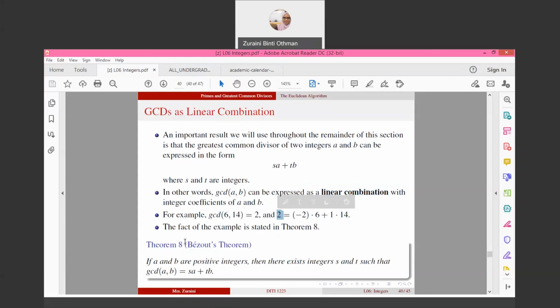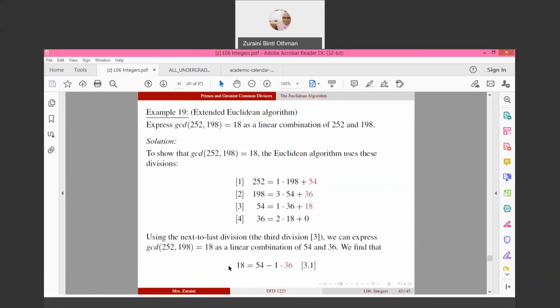Okay. Kat sini theorem 8, Bezout's theorem. Here, positive integers a and b, there exist integers s and t such that GCD(a, b) = sa + tb. Okay, so now this is how we find the extended Euclidean algorithm. We want to find the linear combination of that. Okay, so now we have these two numbers.